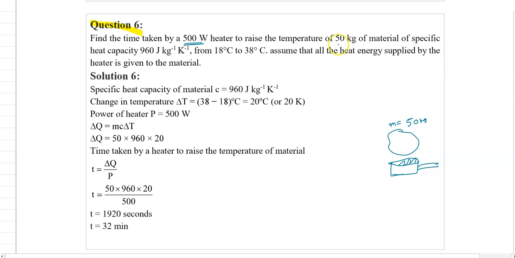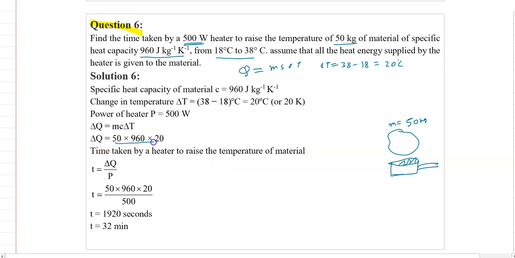How much amount of heat is required, we have to find. The mass M is 50 kg, the specific heat capacity is 960, and del T is 38 minus 18. The amount of heat required equals m c del T. So M is 50 kg, C is 960, and del T is 38 minus 18 equals 20 degrees centigrade.